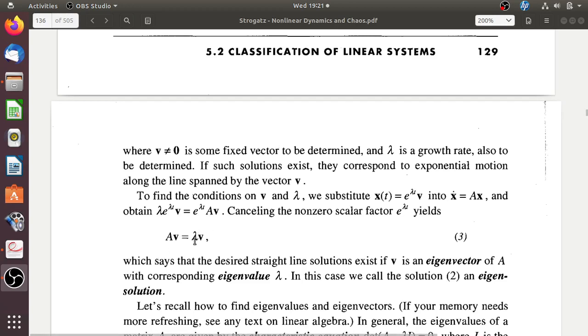And along that direction, lambda tells us the growth rate or the decaying rate. In the following lectures we will discuss further how we are going to analyze it. Okay, thank you.